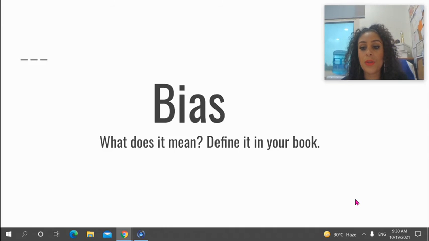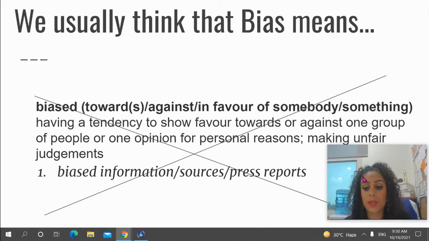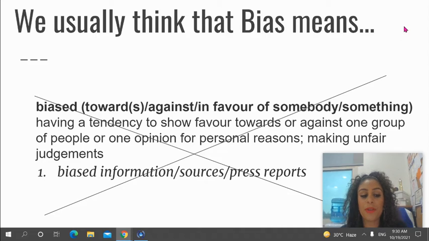Okay, so when we think of bias, I want you to have a look at your own definition here. We often think that bias means that you have bias towards or in favor of something or somebody.